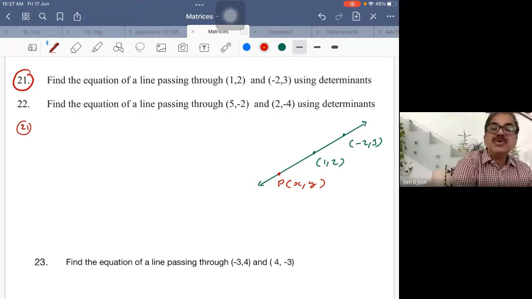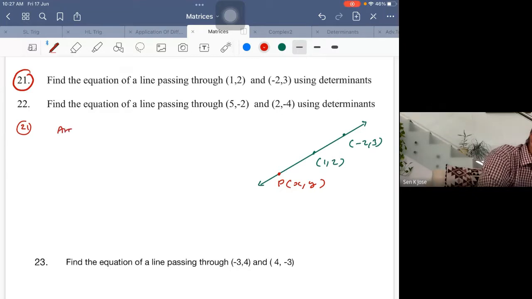Area is equal to 0, equated to 0, and you will get a relation connecting x and y, and that is going to be the equation of the line. Come on, go ahead and do it. Area of the triangle formed by the 3 points will be equal to 0. Go ahead, do it.